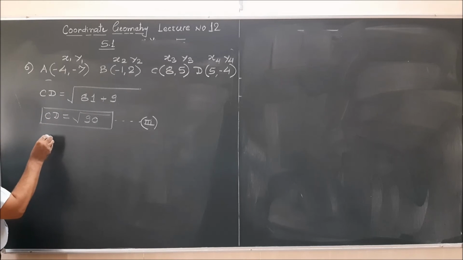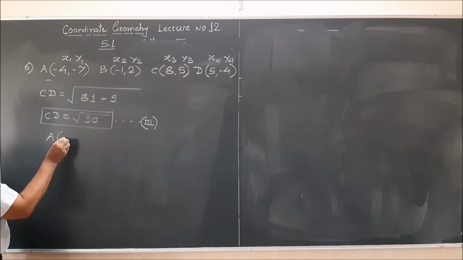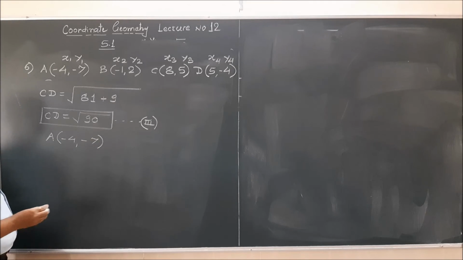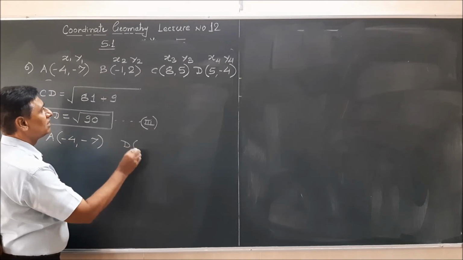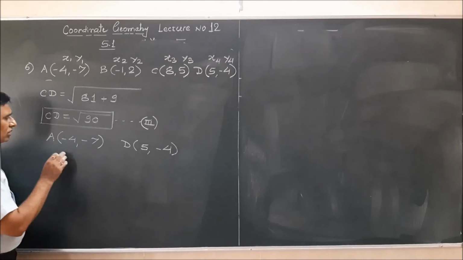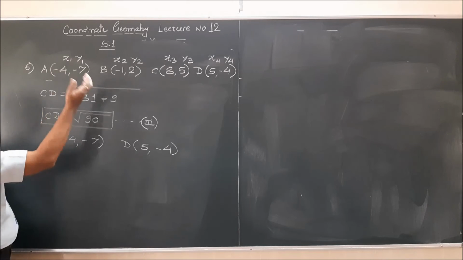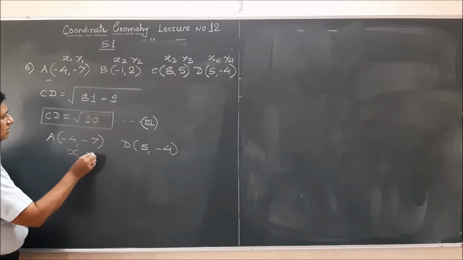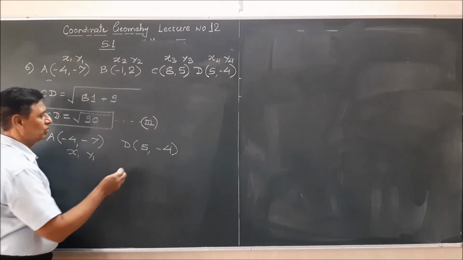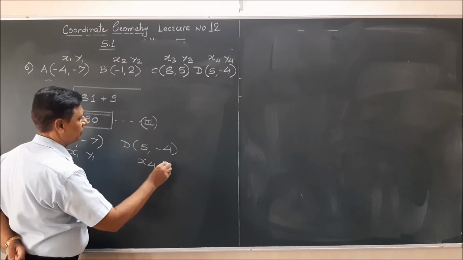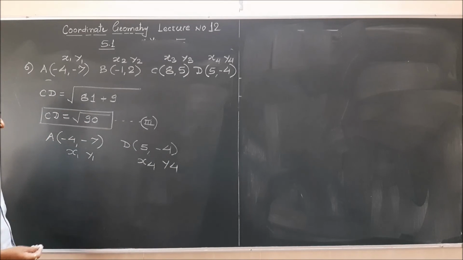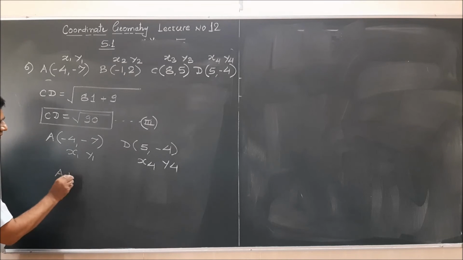Now I will write it again. Coordinates of A are minus 4, comma minus 7, and the coordinates of D are 5, comma minus 4. So coordinates of A we have taken as x1, y1, while coordinates of D we have taken as x4, y4. Again, we use the distance formula only to find the value of AD.